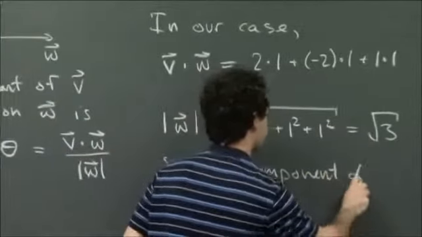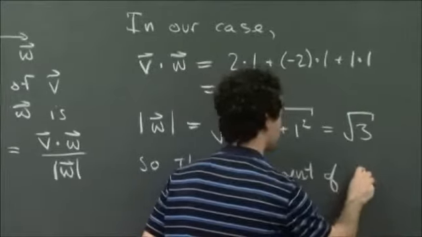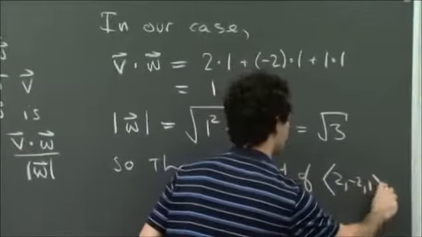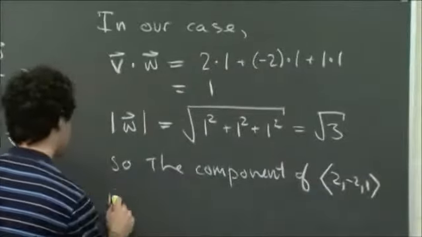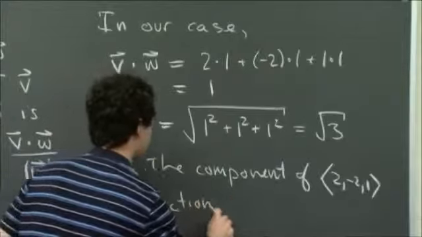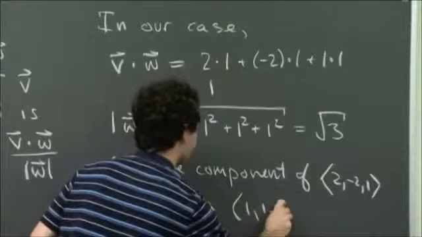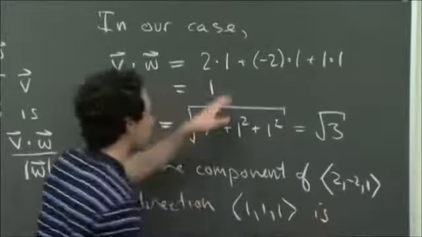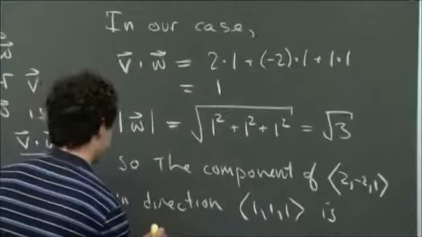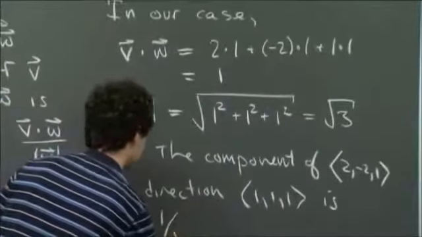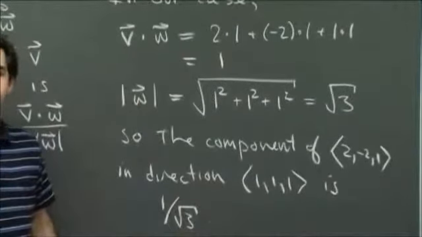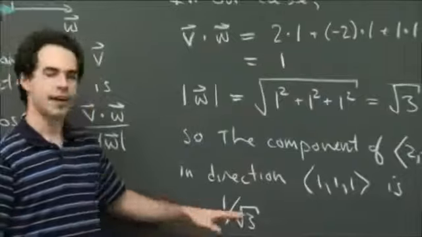So the component of, I'm not going to write it out with i's, j's, and k's, I'm going to write (2, -2, 1) in direction (1, 1, 1) is, well, we just have to divide the dot product by the length of the direction vector. So it's 1 divided by the square root of 3. So that's that. I'll end there.